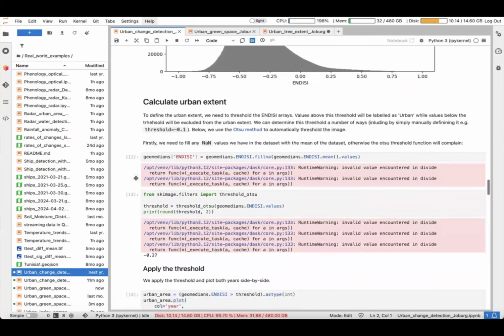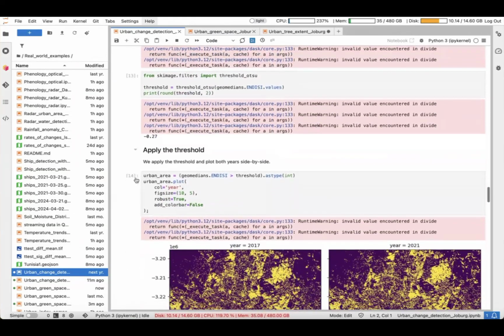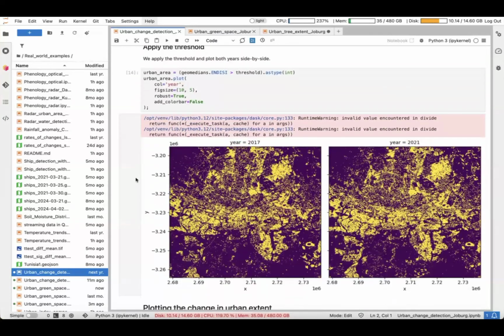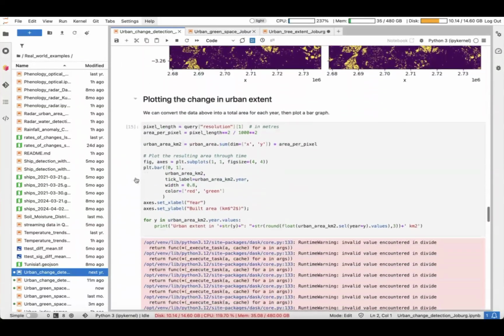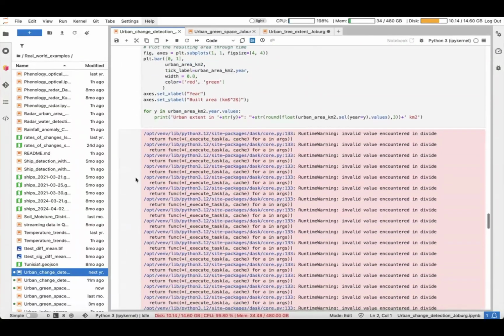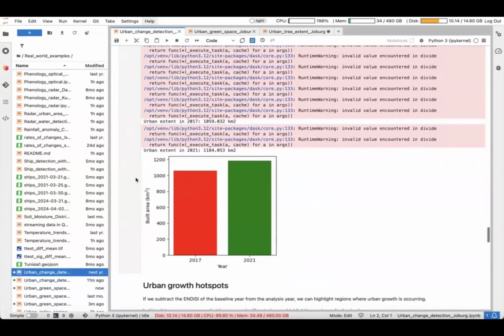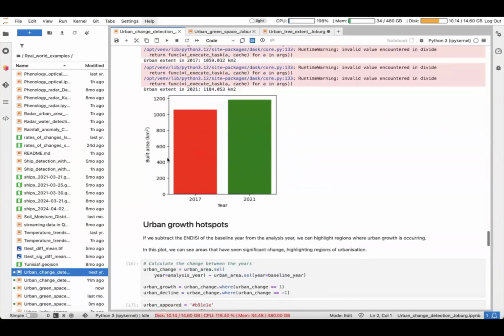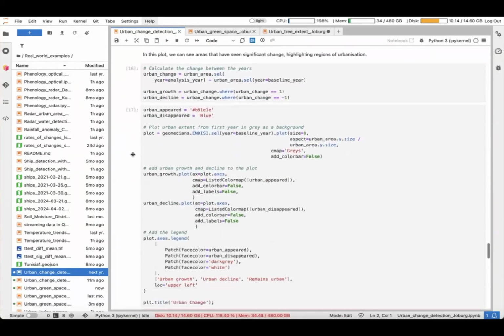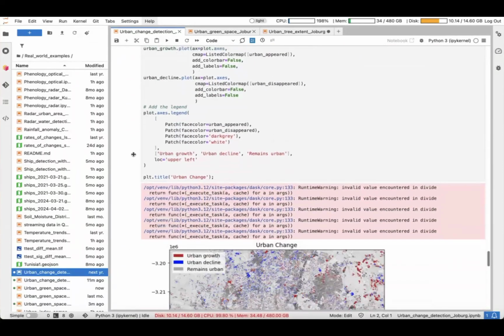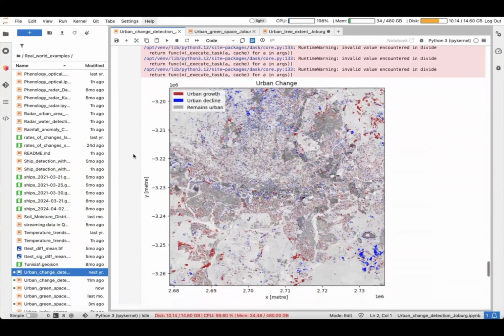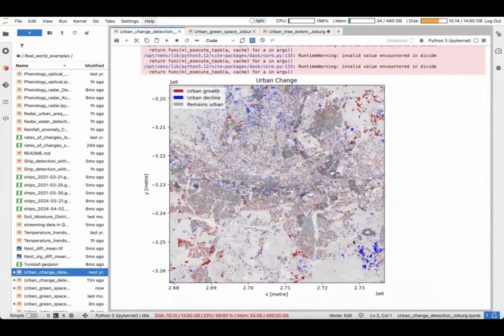Then we provide some thresholds, and we're able to come up with the urban area, as you can see. And then we're able to compute in square kilometers how much has changed and in what direction. This is just some preliminary results, and we've been working with partners to do some validation.